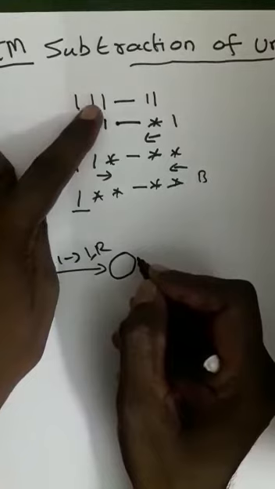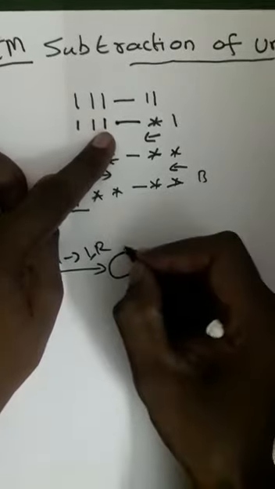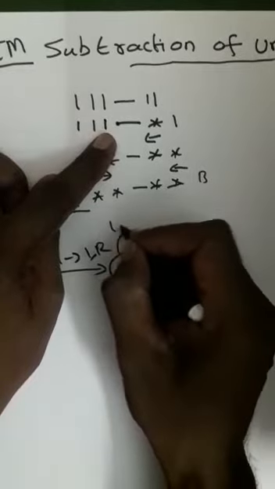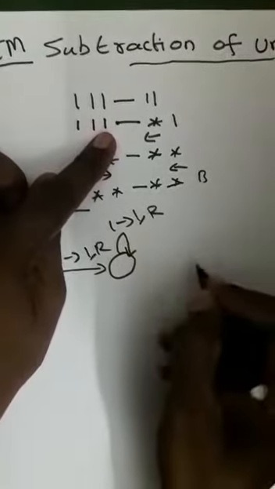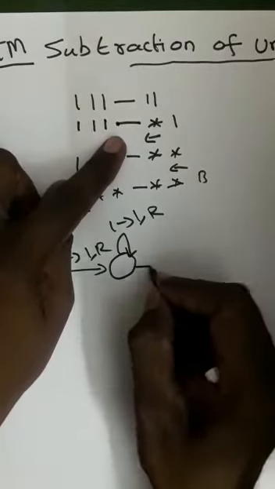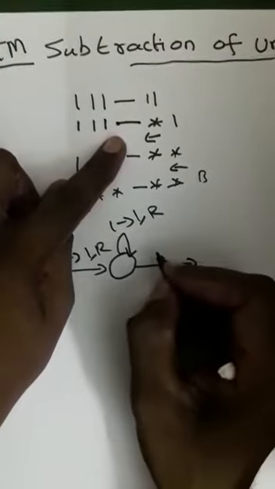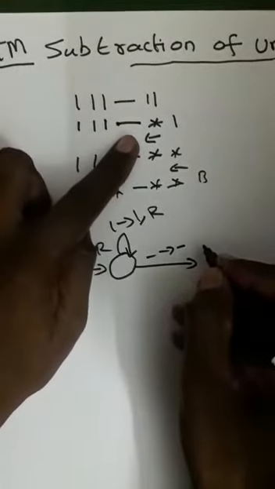Now whatever 1 comes, keep the 1 as it is, move towards right. Whatever 1, keep the 1 as it is, move towards right. Minus is there, keep the minus as it is, move towards right.